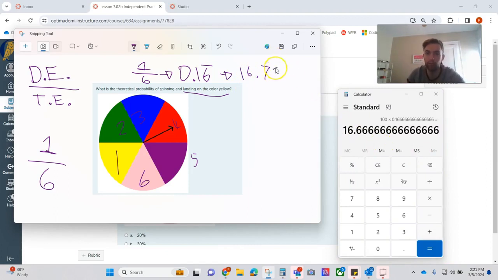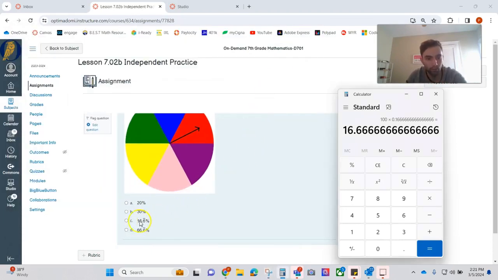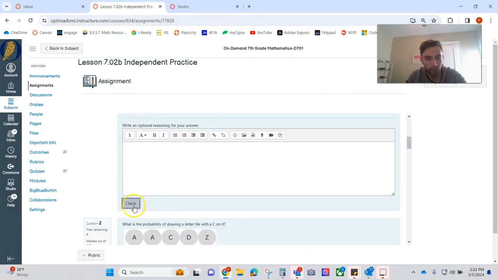So my theoretical probability of landing on yellow is 16.7-ish percent.